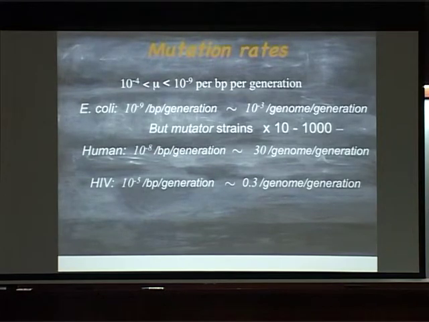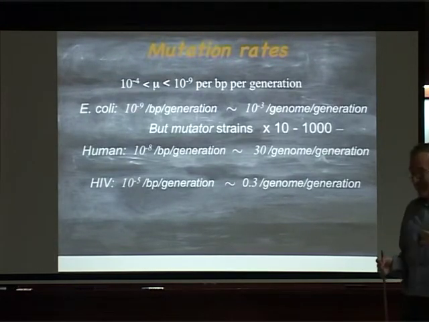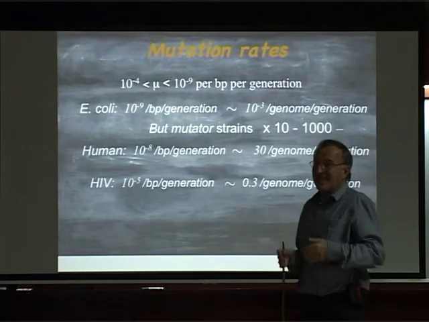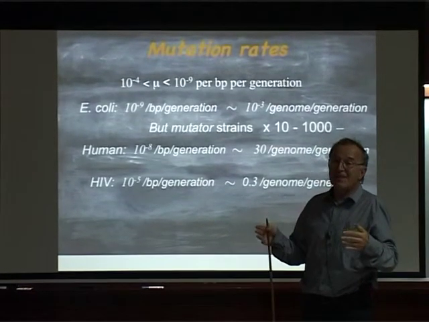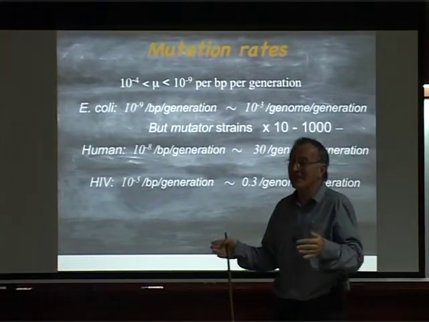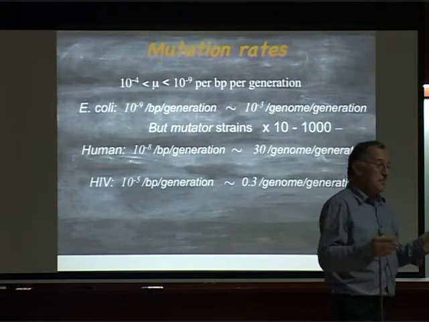Because really all you need is to turn off the proofreading. But it's an interesting question of what the mutation rate should be, right? There is this notion that mutations are bad, but you can't have evolution without mutations, right?